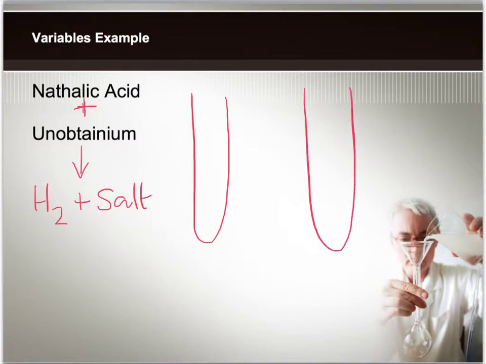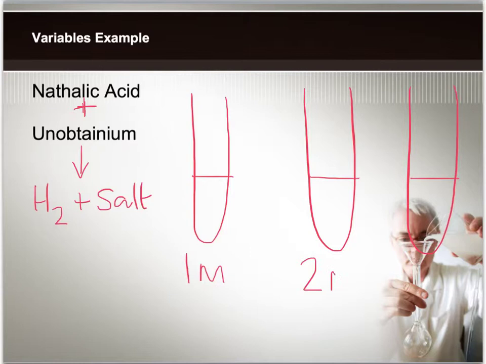Let's say we're taking 3 test tubes here, and we're going to have a certain amount of solution in each one. In this first one we're going to be using a 1 molar solution. In the second one we're using a 2 molar solution, and in this last one here, we're using a 3 molar solution.